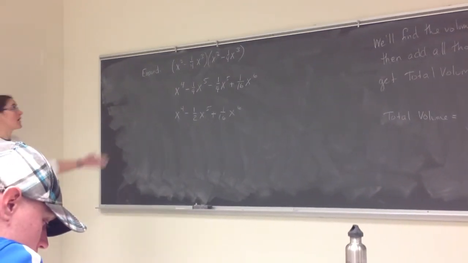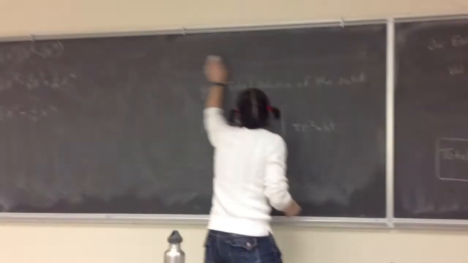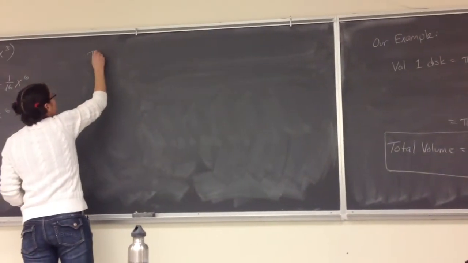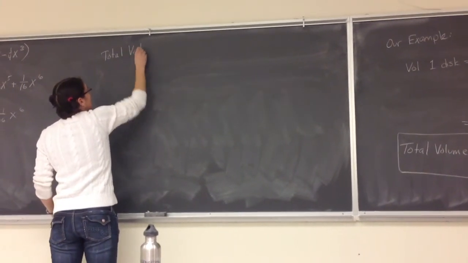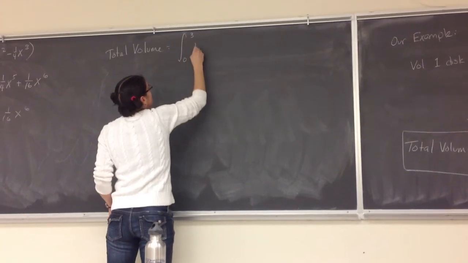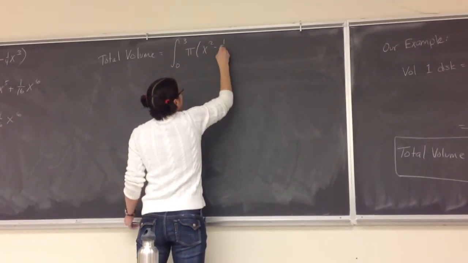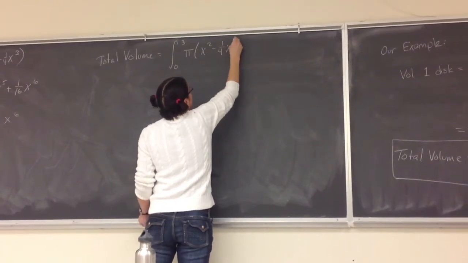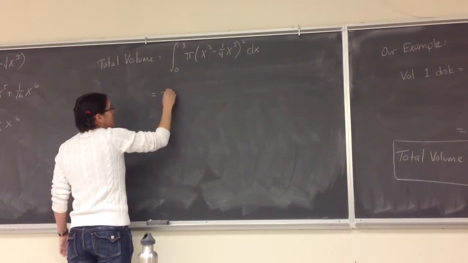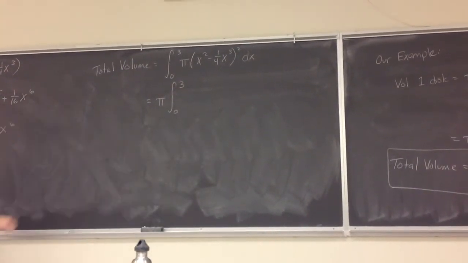And so this is work I might be doing off to the side, and once I do that, then I can write down my volume and say that my total volume, which was equal to the integral from 0 to 3 of pi times (x squared minus 1/4 x cubed) squared dx, is equal to, I'm going to pull the pi out in front, so I have pi times the integral from 0 to 3.